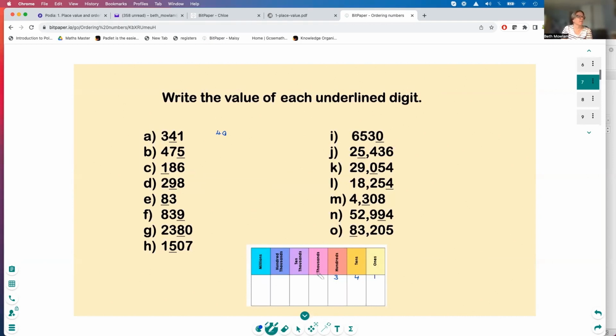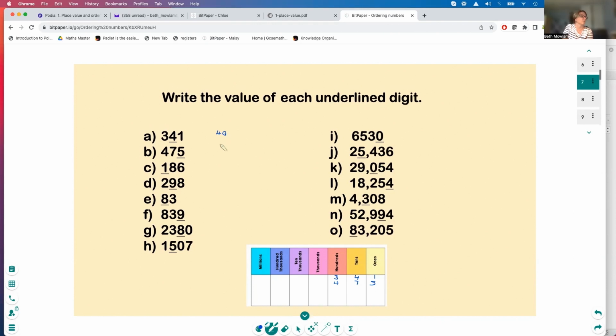So the second one, if it helps you to do these, what you want to be doing is writing them in the table. You might be able to do it without. Smaller ones generally are pretty straightforward. It's the bigger ones that you have to think a bit about. So 475, the 5 is in the ones column, or the units.